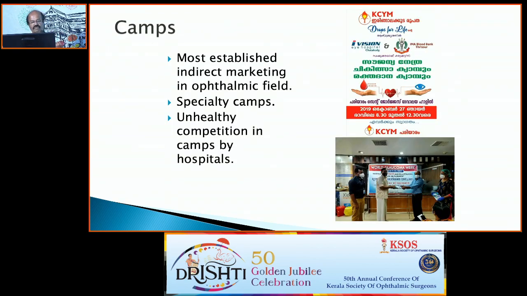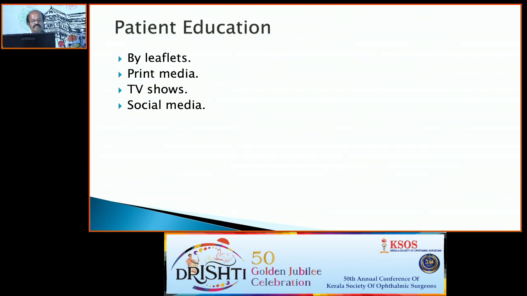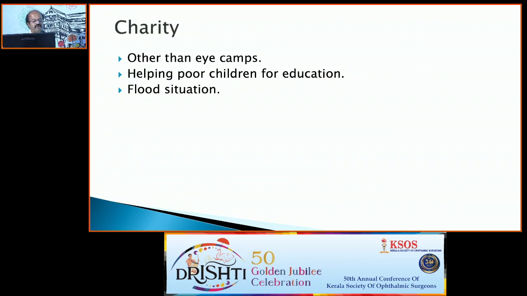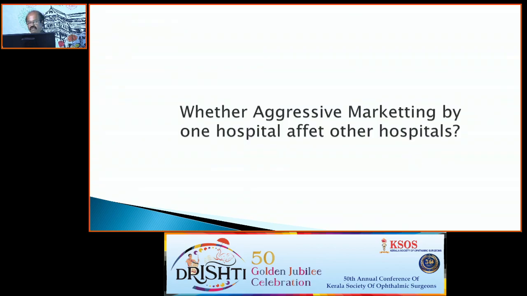Okay, camps are most established in India. Unhealthy competition of camps by hospitals is a very, very important thing nowadays. Patient education leaflets give you a lot of importance and publicity. Charity other than eye camps also, like the flood situation, where even KSOS was at the forefront.